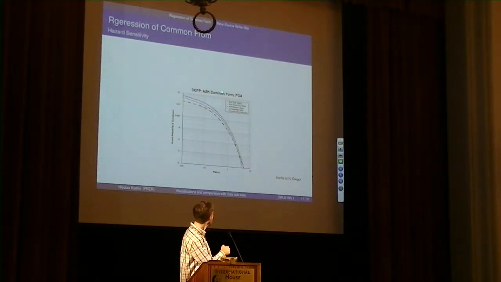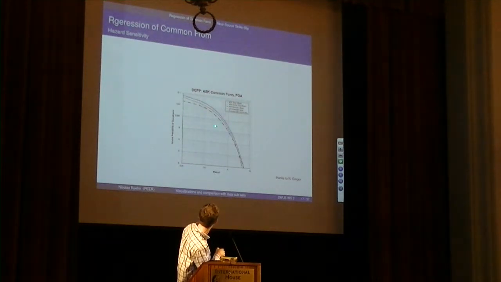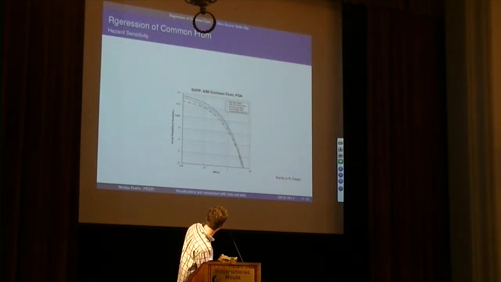So this one is the ASK reverse base case. The red line is the ASK original GMPE strike-slip case.